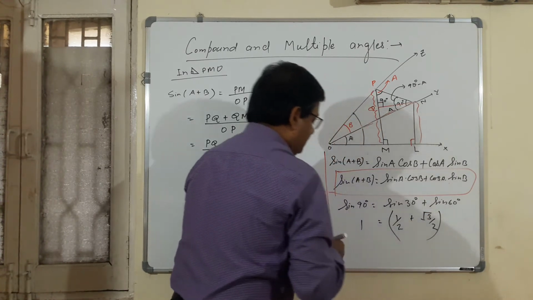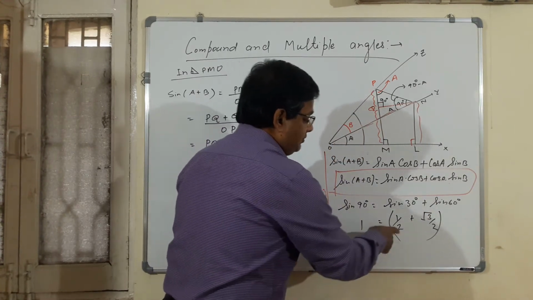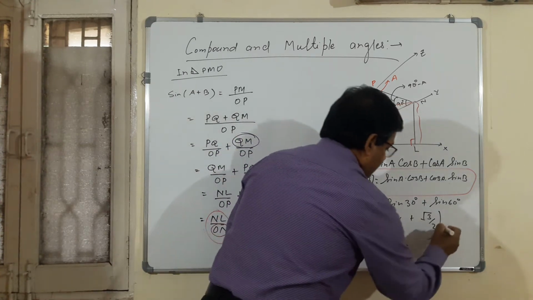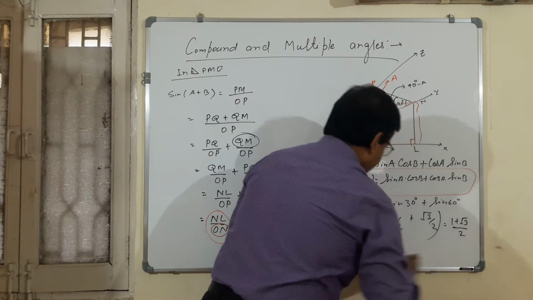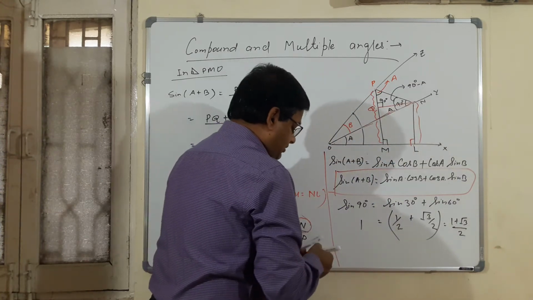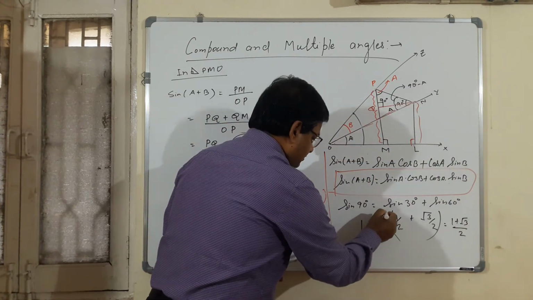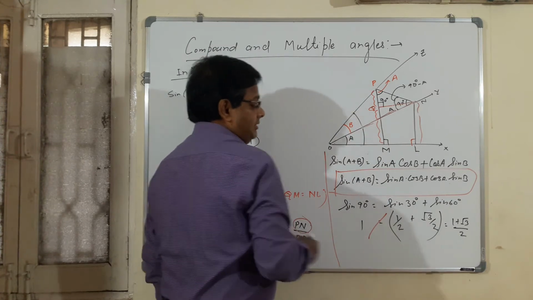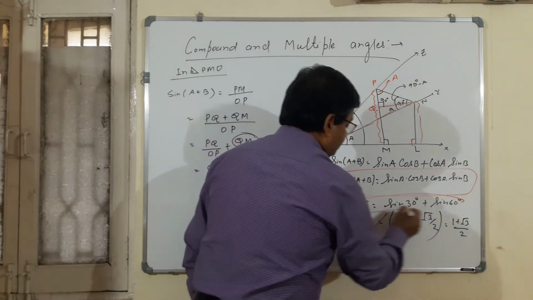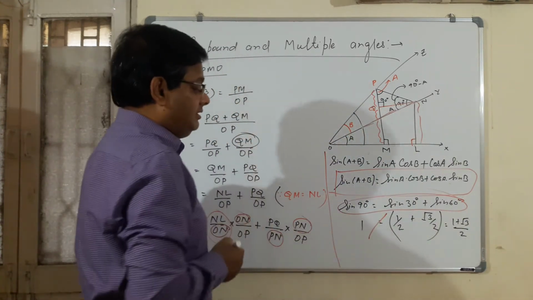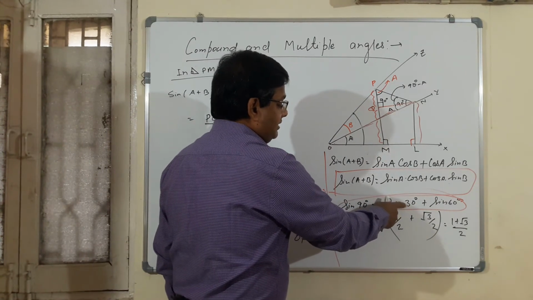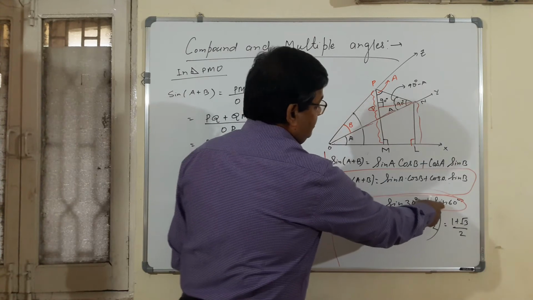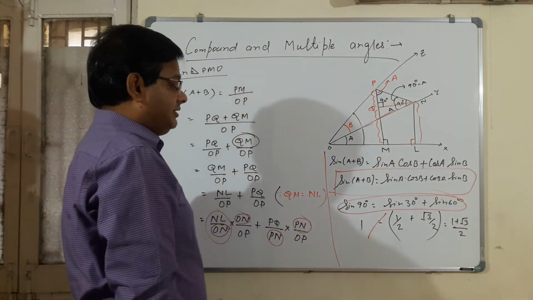So this one becomes 1 plus root 3 by 2. So this is not possible. Sin 90 degree we can't write like this, sin 30 degree plus sin 60 degree.